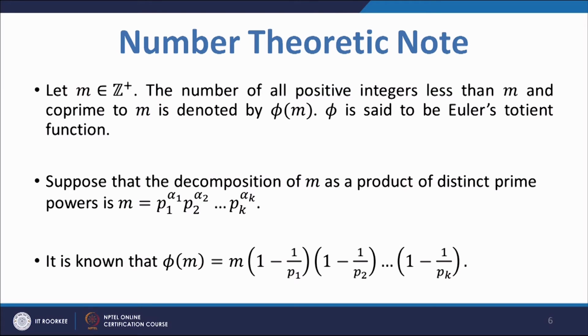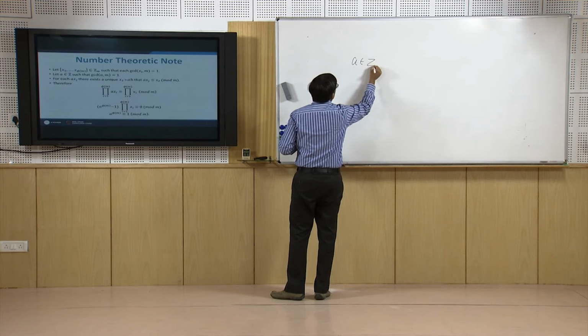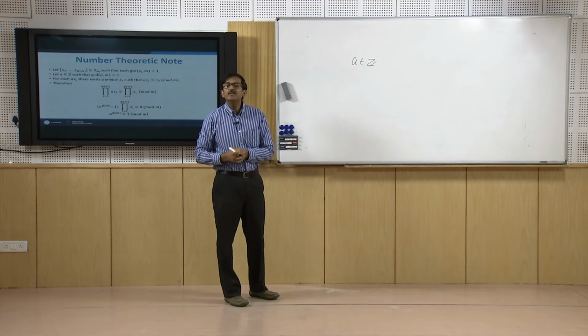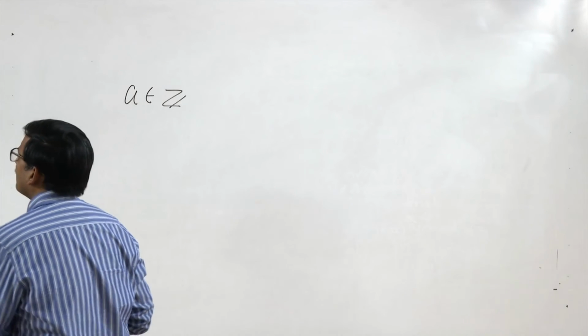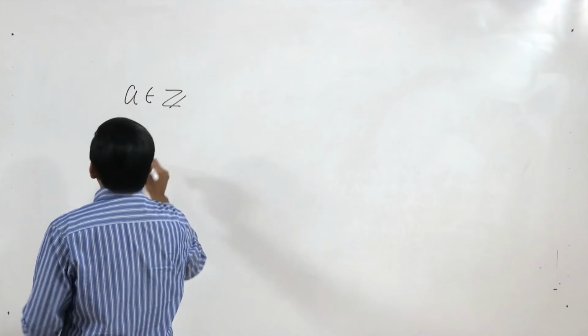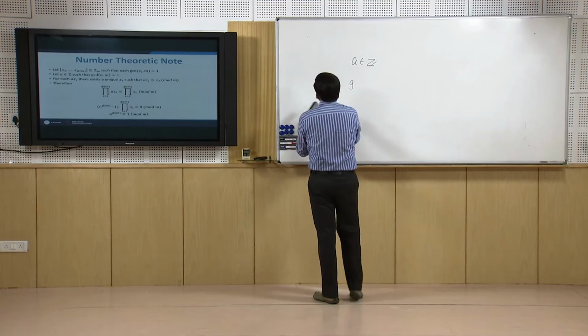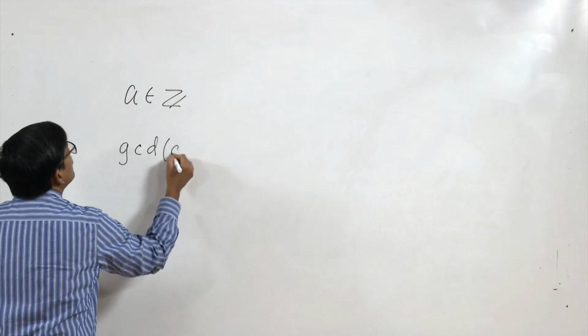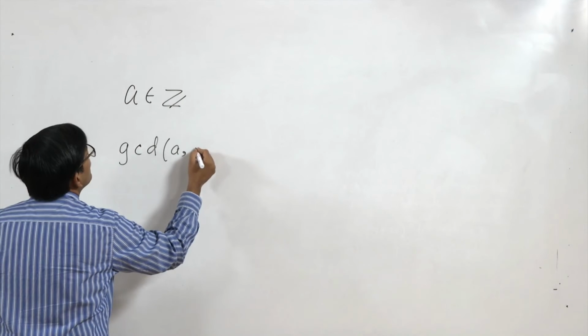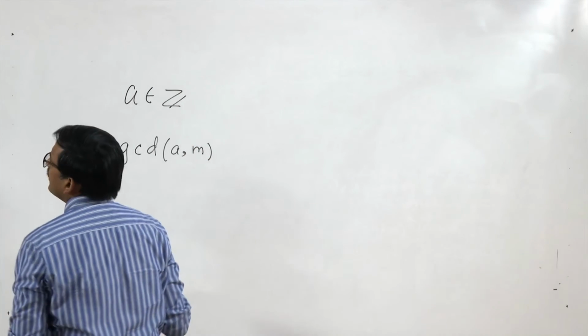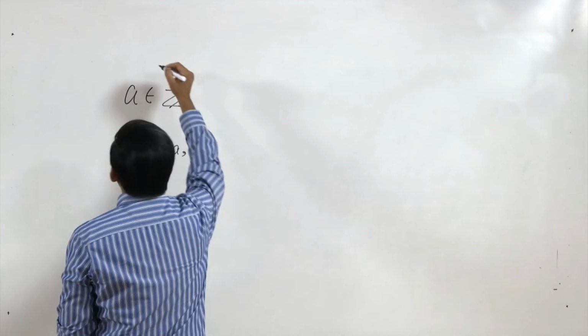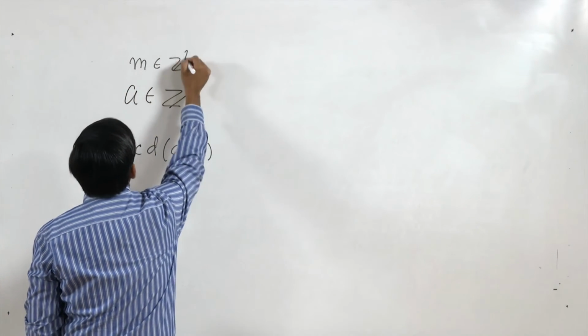Once we remember this, we move forward. Eventually what we would like to prove here, and that is what we have to remember, is this. Let me write it down separately. Give me any integer A such that the greatest common divisor of A and M, where M is a positive integer, is 1.